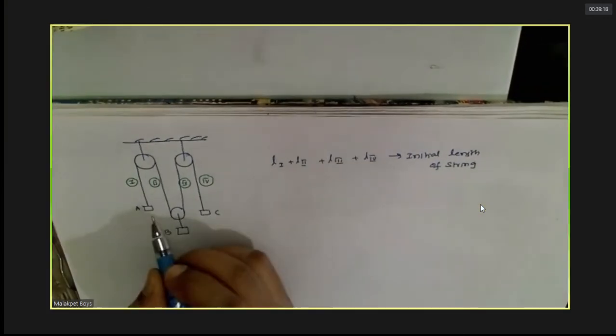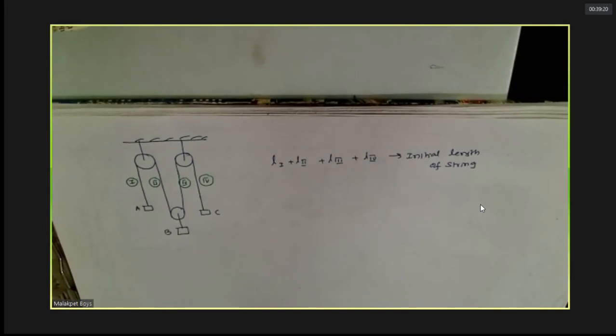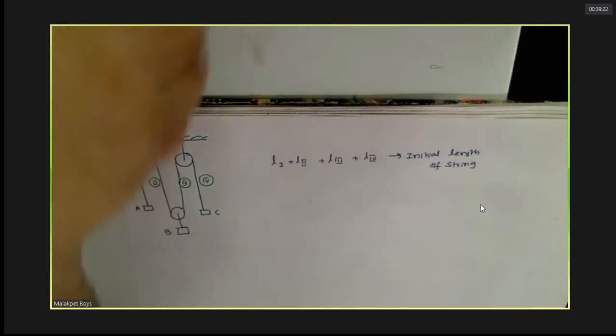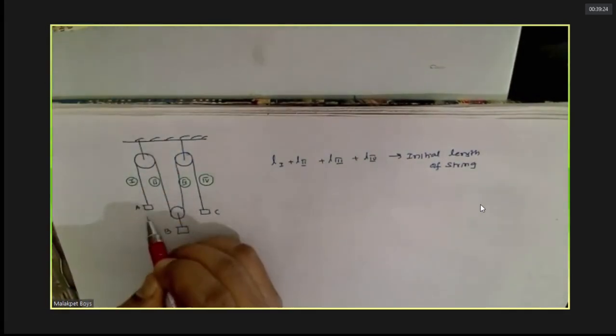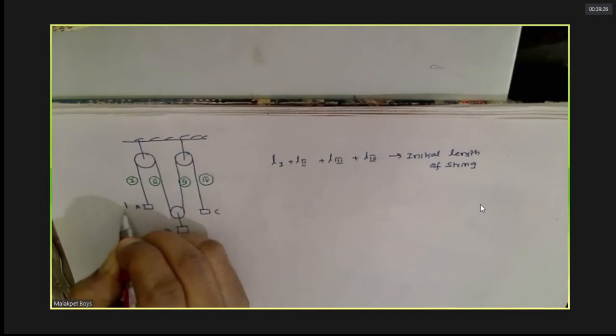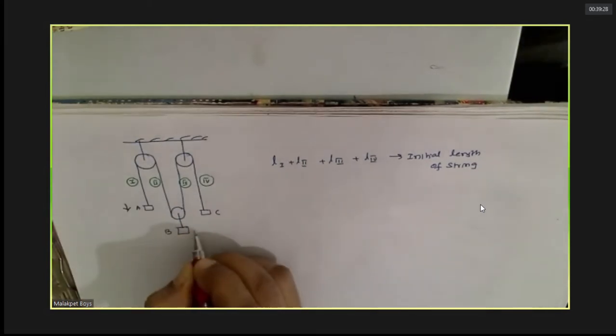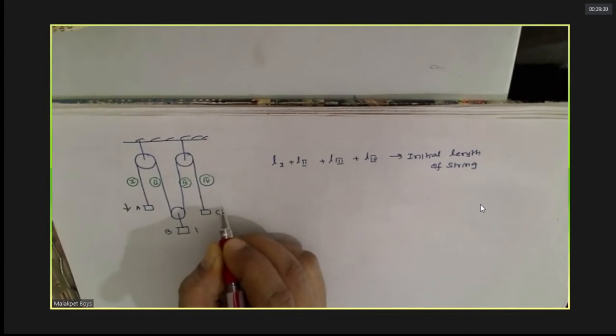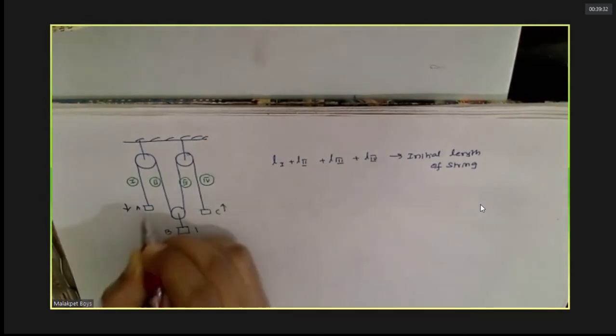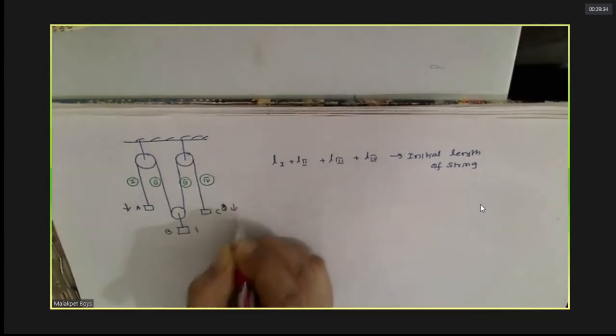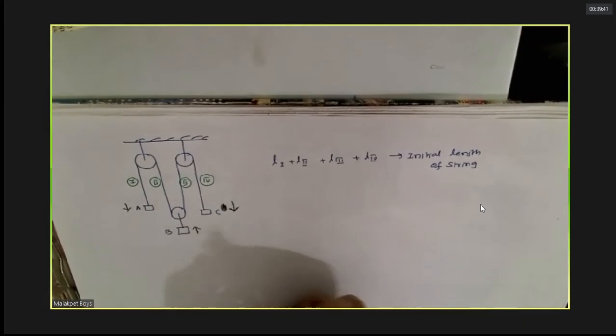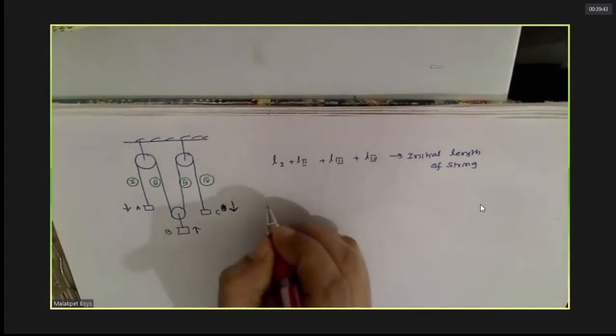Now you can see that when this goes down, I'll assume that motion. There are assumptions, it may be true or may not be true. Okay, so I'm just assuming.